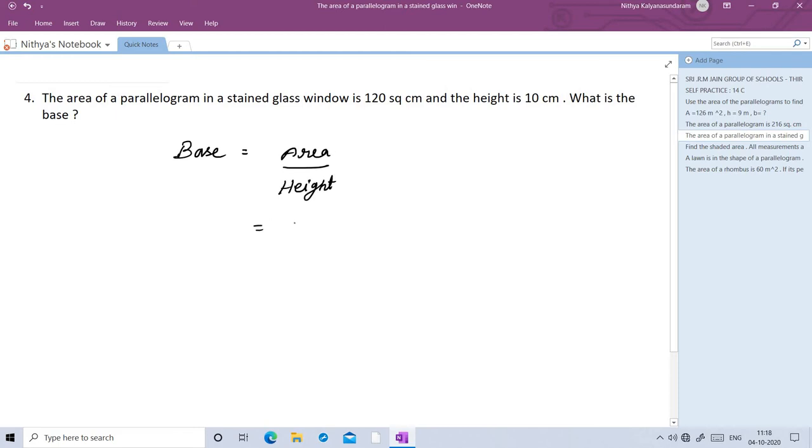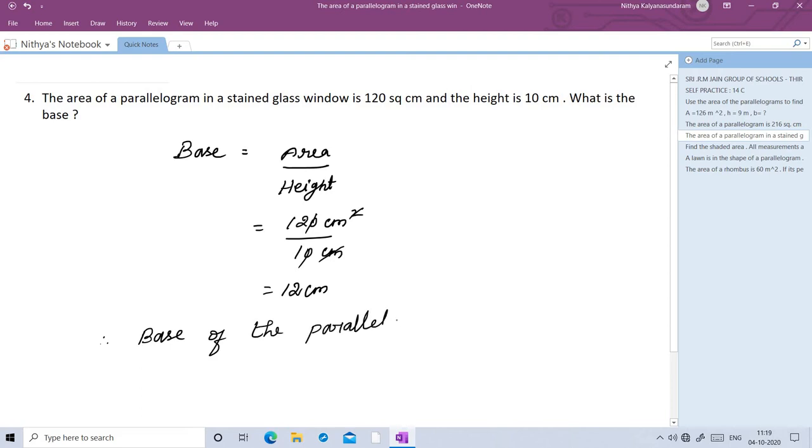So given area of the parallelogram is 120 centimeter square, height is 10 centimeter. So centimeter we can cancel one time, 0 and 0 we can cancel. So 12 centimeter, and therefore the base of the parallelogram is 12 centimeter.